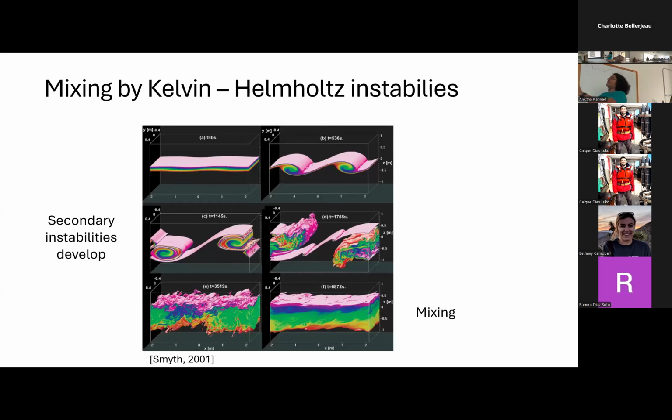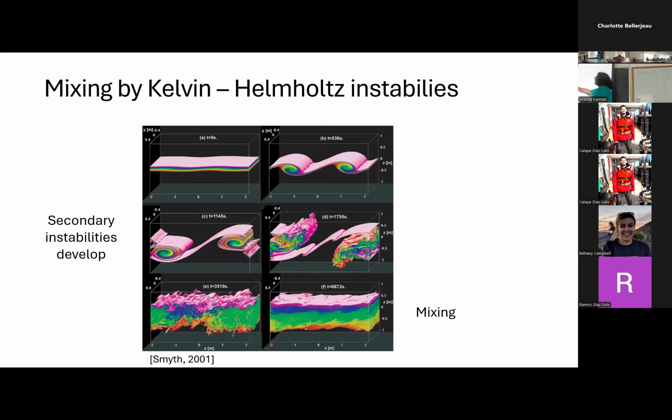So now you look at a simulation of a Kelvin-Helmholtz instability, and Caique showed some of this yesterday as well. You can see the situation that we saw in our two-layer model developing, this billow roll up. And over time, you'll start to see secondary instabilities develop.